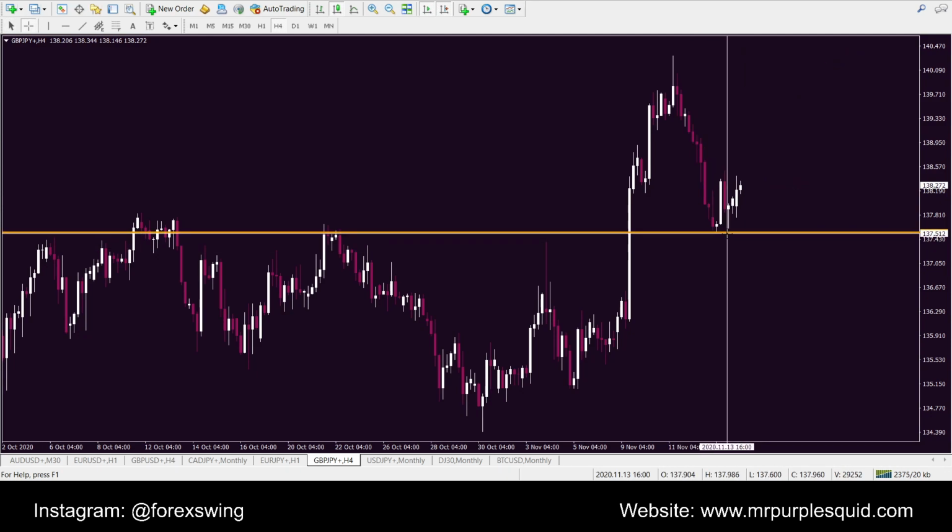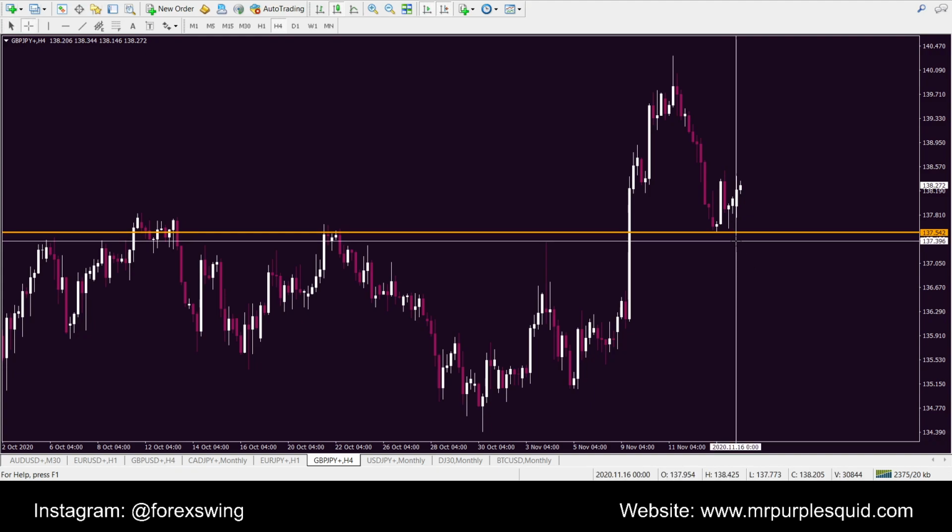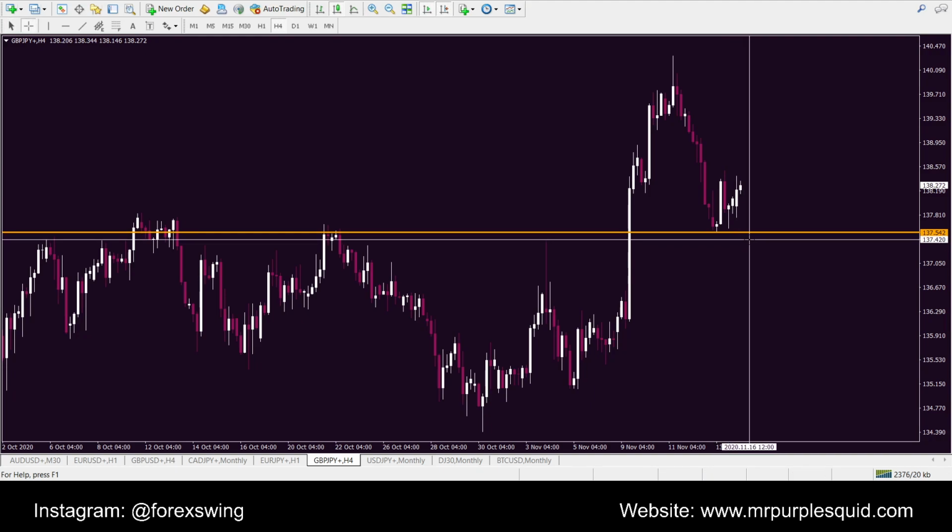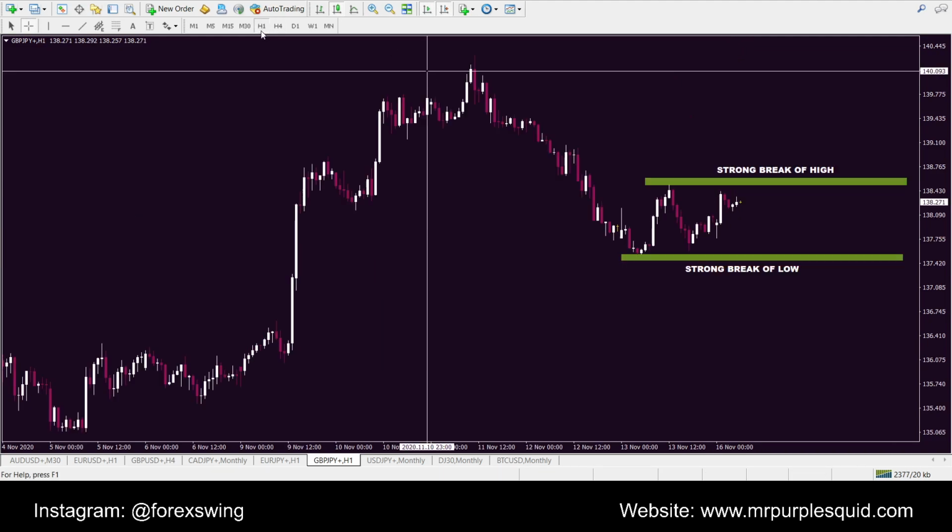But if I get a break of this low right here, I am saying that price broke through and will probably form another resistance here. If we get a break, then it will come up and then come down or something like that. Hence the reason why I'm looking for 2 breaks on this one.